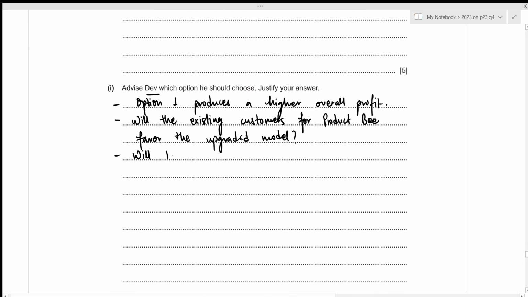Will the supervisor redundancy affect staff morale?